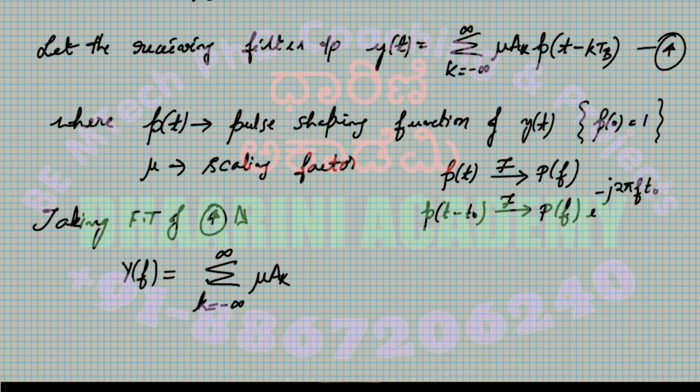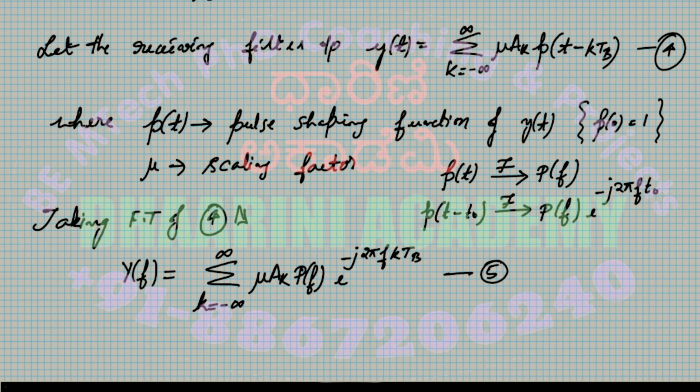So when I write in the y of f format, I should replace that as the P of f into e to the power minus j 2 pi f, right, into t naught. T naught is k tb now, so this is k times tb. I hope this is fine, right? Equation number 5.